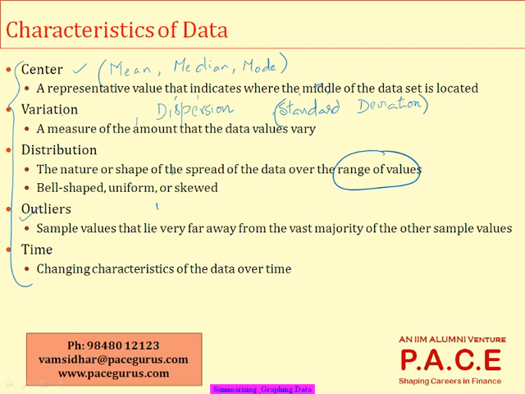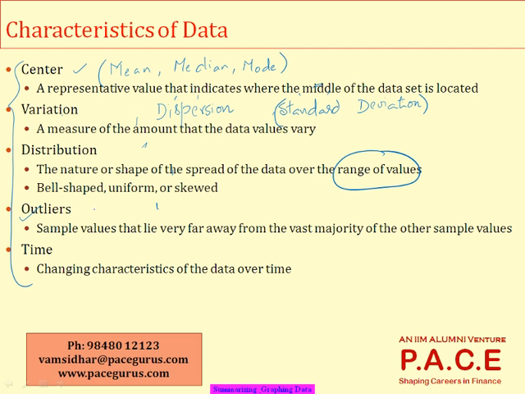If most of the values are around a particular region, but this one specific value is either too high or too low compared to that particular set of other values, then we say these values which are widely away from most of the other lot are called outliers. We'll have different mechanisms again to identify the outliers, but this is a simple introductory look at what are the things we need to look at whenever we talk about analysis of the data. So I need to identify the outliers in the data.